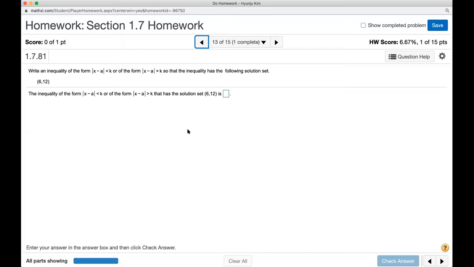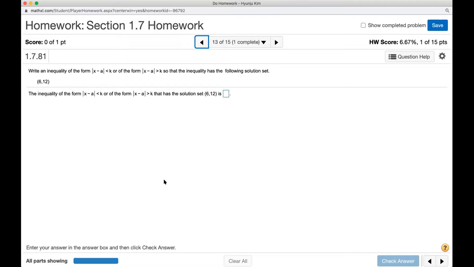Give me a second. So the key point, the goal in this problem, is to figure out a, and then the type of inequality.